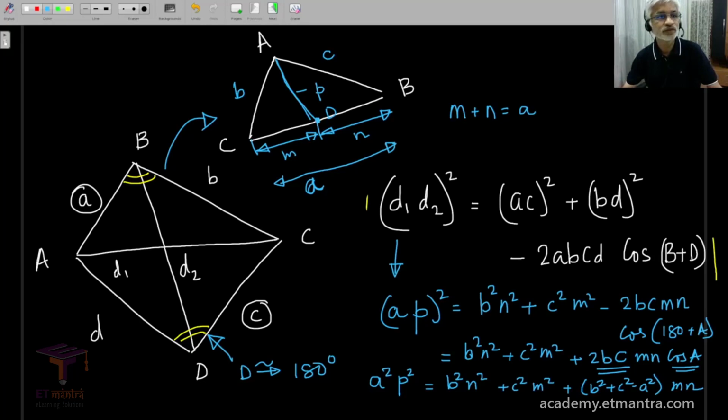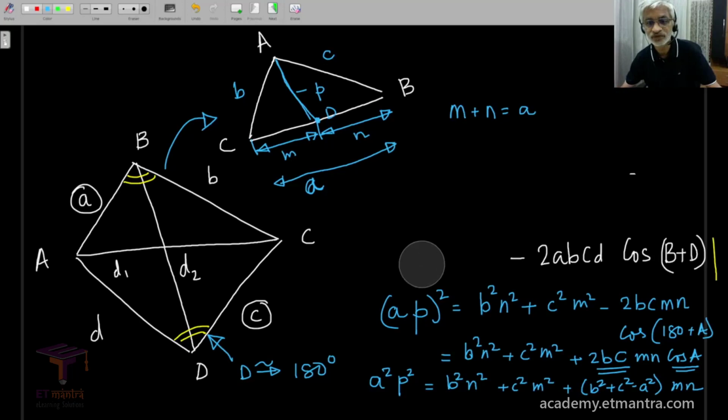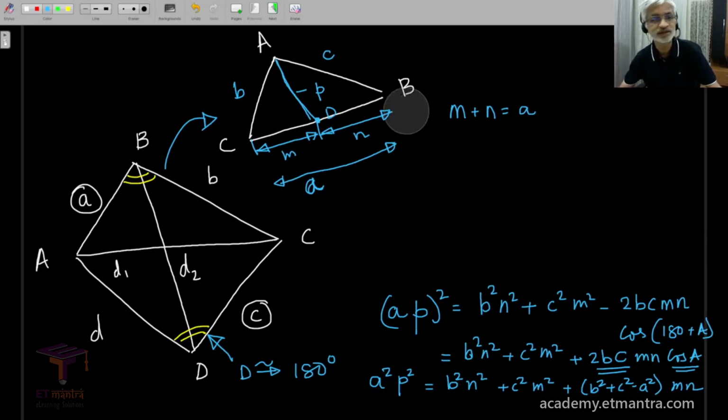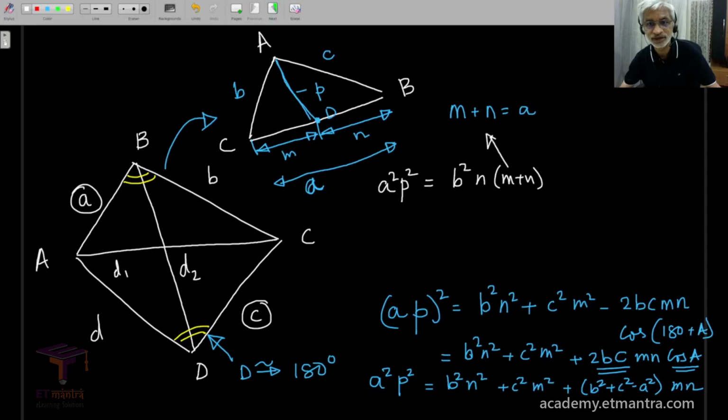So let me make some space, since now we're done with this. This simplifies to A square P square is equal to B square n into m plus n, and now I want you to remember that m plus n is A, plus C square m into m plus n.